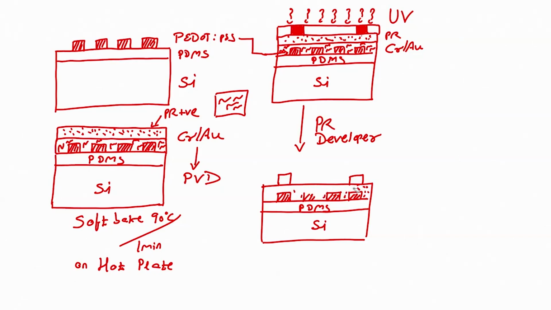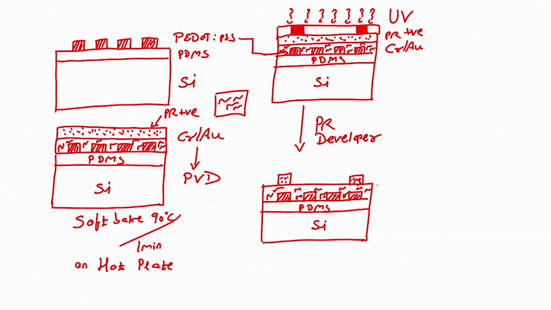This is our chrome gold. Correct. Why do we have only these two areas? Because we are using positive photoresist and the area which is not exposed gets stronger.